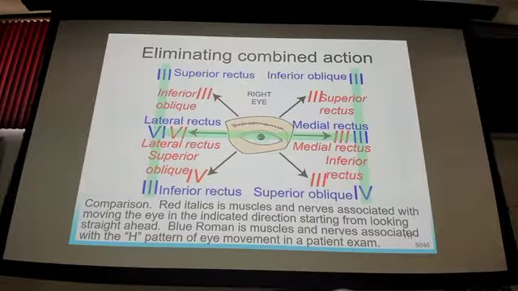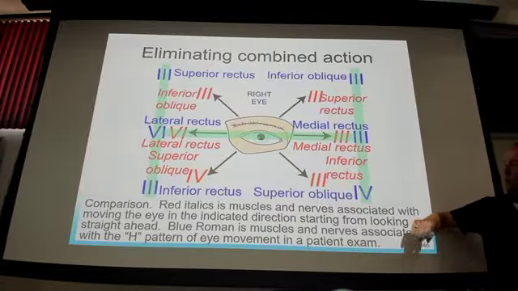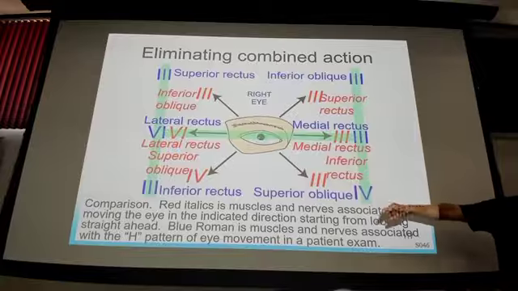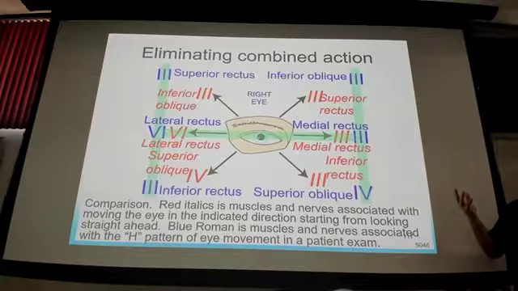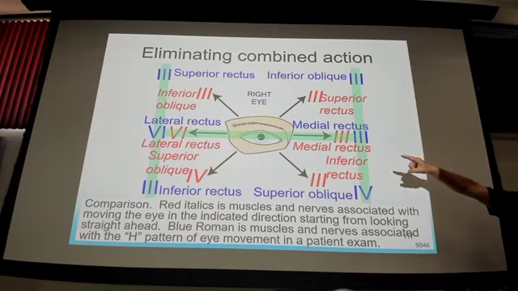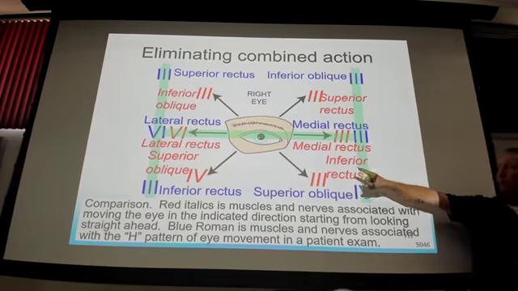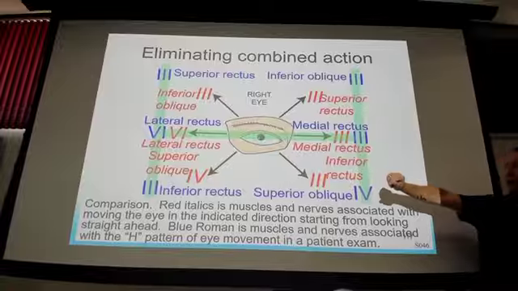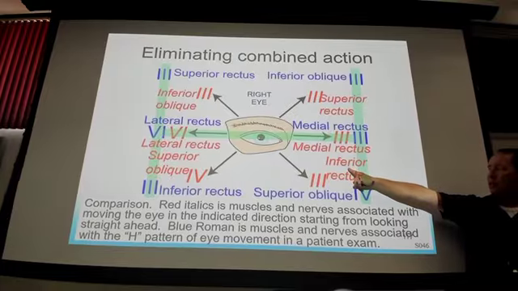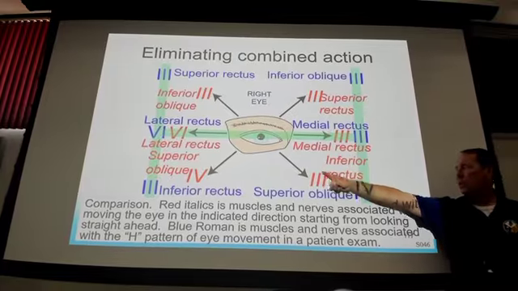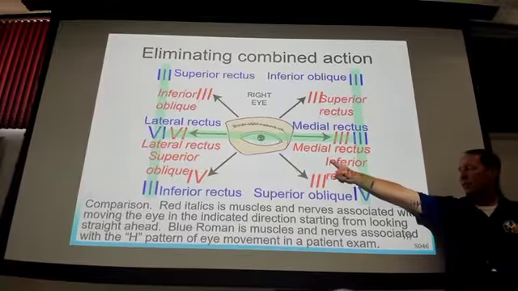For now, in blue is our gaze or our exam. Medial and lateral rectus, did they ever change? No. Let's look at just this one. The eye, from the position looking straight ahead, if you achieved the down and in quadrant, that was inferior rectus, cranial nerve 3.